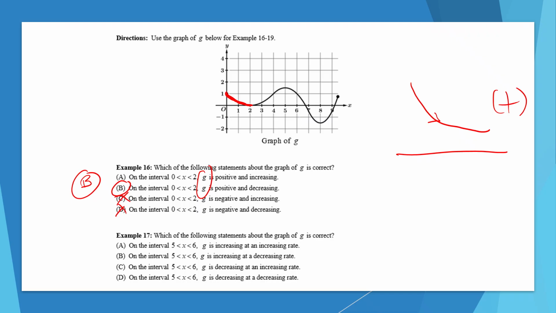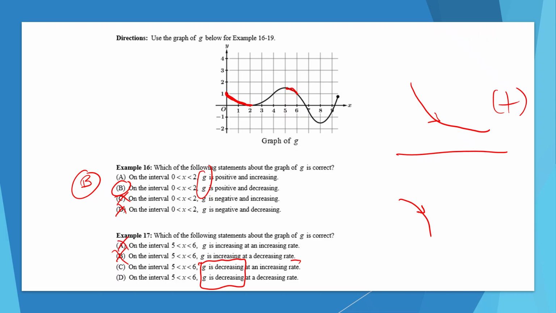For 17, which of the following statements is true? Here, they're all talking about the interval from 5 to 6, which is this portion of the graph right here. G is increasing or decreasing at an increasing or decreasing rate. Well, this portion of the graph is definitely decreasing because it's going down. So the function should be decreasing, making C or D the right answer.